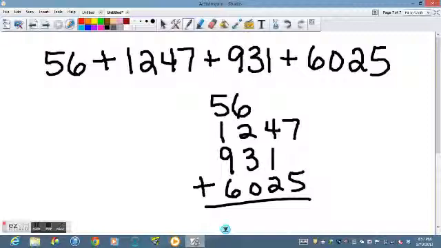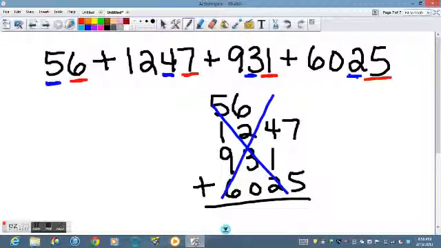All right. Well, I didn't line up my numbers correctly, did I? All right. I have to remember my place values. And remember, when you have a number, the number on the right is the ones place, and all of those numbers should be in the same column. All right. And then the next number over is the tens, and all of those numbers should be in the same column. All right, etc. So that's not how I write it.